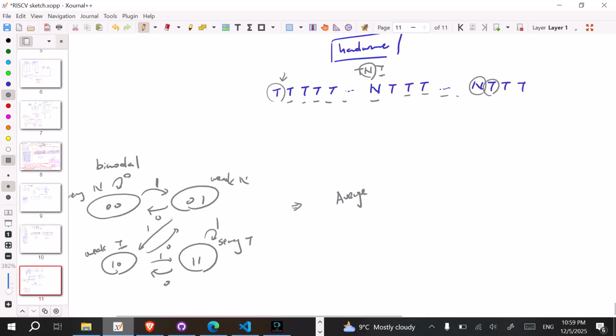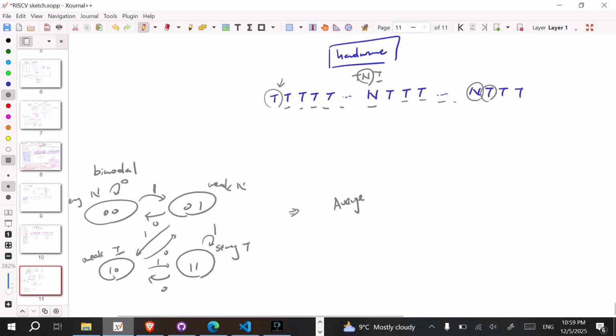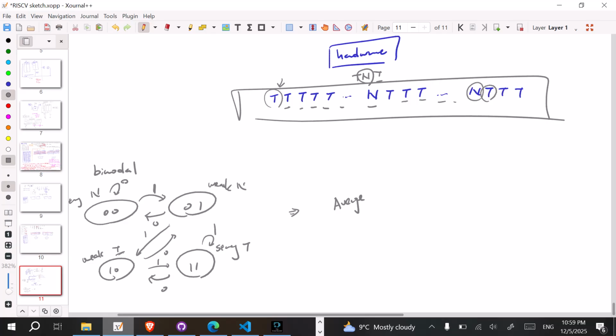I'm talking about hysteresis, this state transition between all the states. For instance, it will iterate through all of them and keep swapping around. And you can see it's trying to imply something called the average.